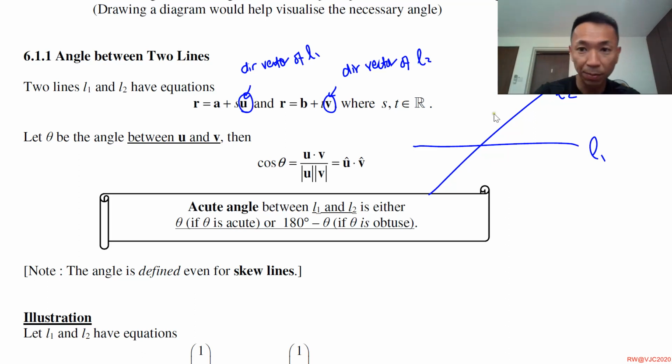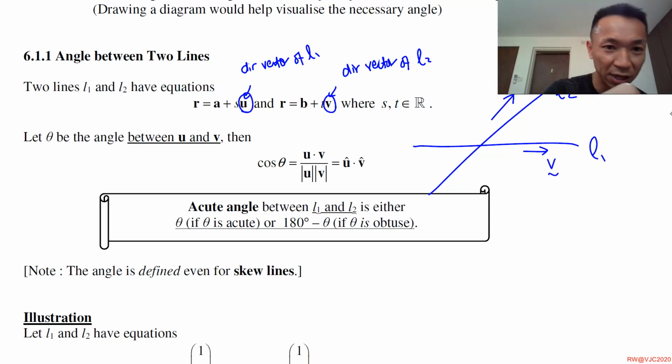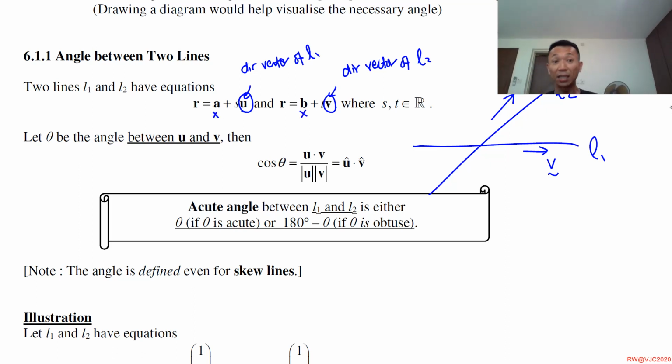If I can find the angle between the two direction vectors, I can find the angle between L1 and L2. Actually, A and B are pretty irrelevant in this idea of finding angles. It needn't matter what is A, what is B. We make use of the definition of dot product: cosine theta is U dot V divided by mod U mod V.